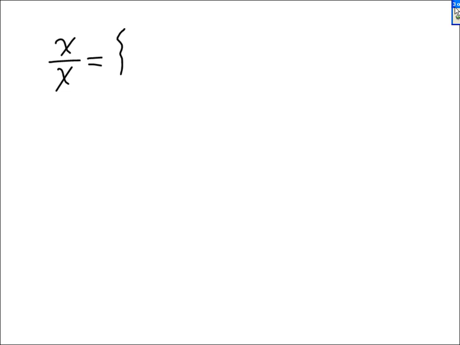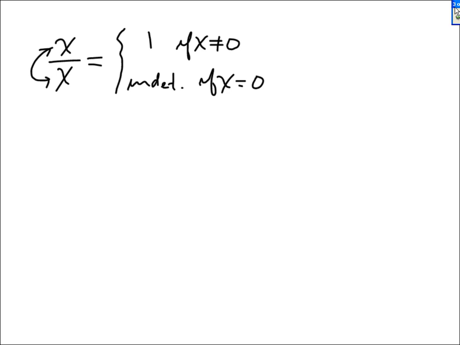It's not true, so long as x is not 0. If the top and the bottom are the same and not 0, yes, you get 1. But if x is 0, then you have 0 over 0, which is indeterminate. You can't cross it out and say it's 1.